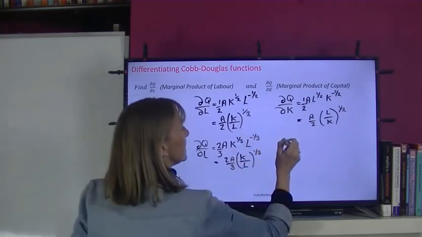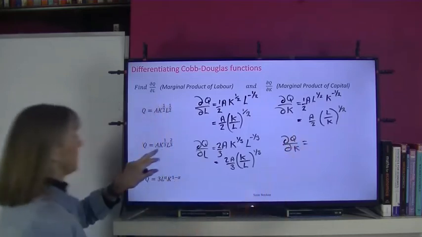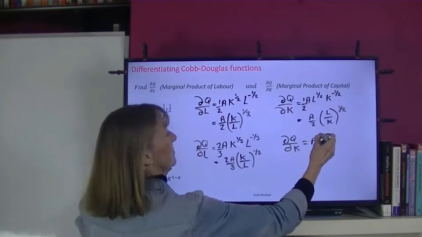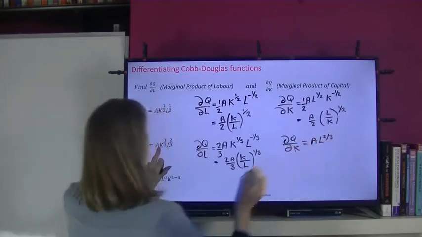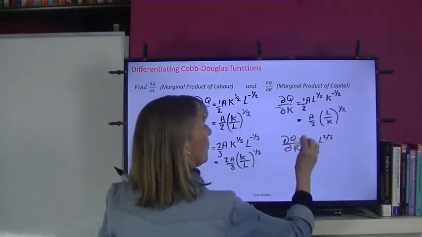Let's do dQ/dK. So A and L are constant, so I can just write those in. I've not left room.